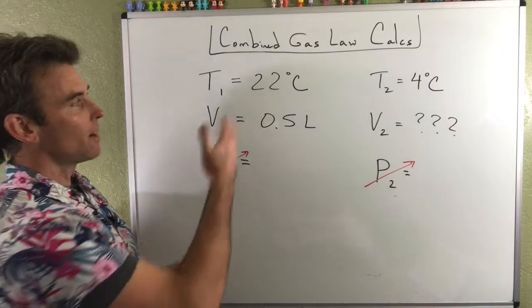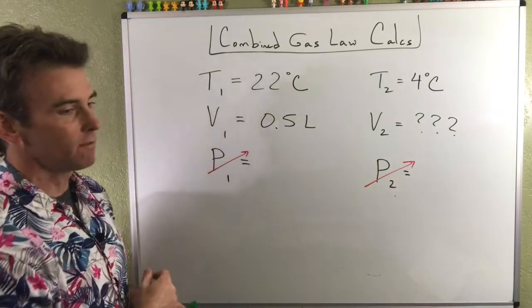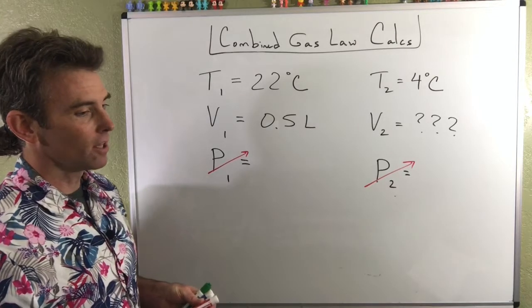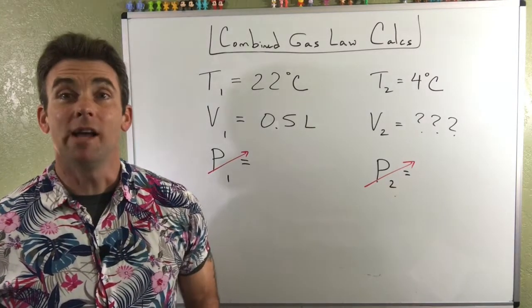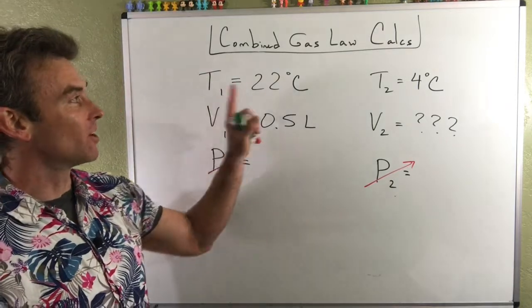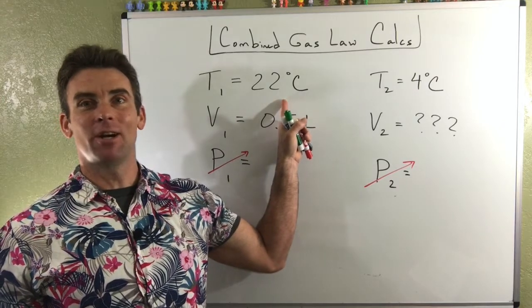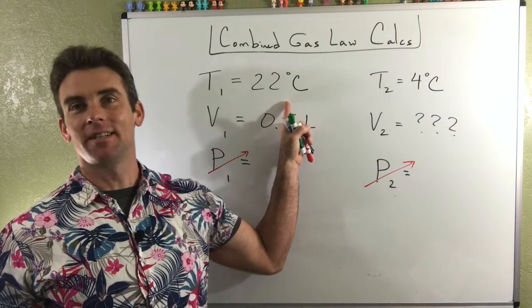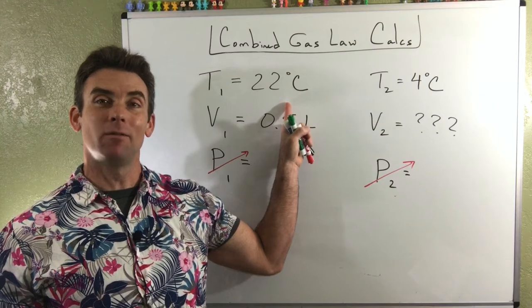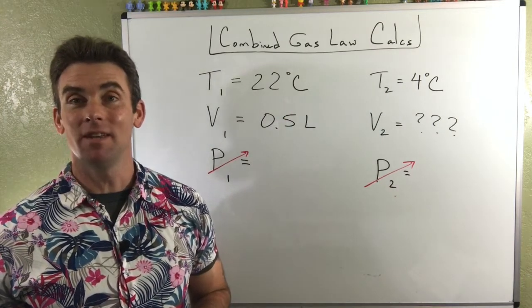And so what we've ended up with is this thing that involves temperatures and volumes, which is in fact Charles's law, but a big but, right? We've got temperature in Celsius. Blah! That is never good. We do not want temperatures in Celsius. We're going to convert each one of these to Kelvin. We're going to add 273 to each one of these numbers.